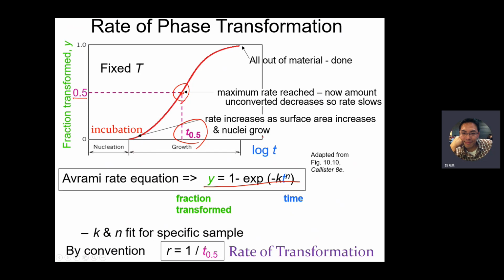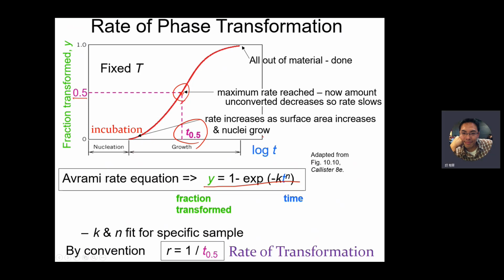Okay, t.5. So by those experiments, we figure out an equation called the Avrami rate equation, like this. And y is the fraction transformed, no matter what kind of reaction. And k and n are fit for a specific sample. Those are constants that depend on your reaction.